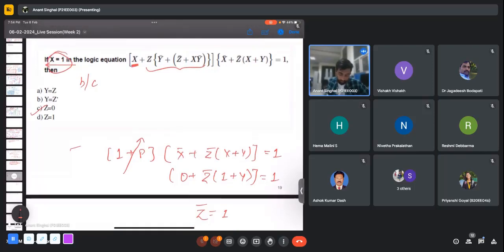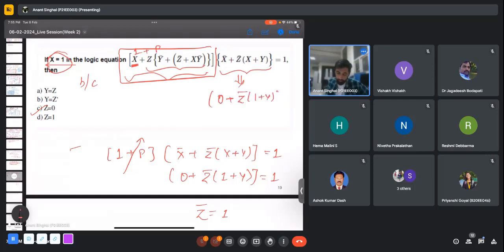So if I write 1 here, 1 plus anything will be 1 only, so I've neglected this term. I'm only getting this term now, which will be 0 since it is x complement, times z plus 1 plus y, and 1 plus anything I am again neglecting, which will give me z complement as 1. Any doubts here? Those who have given the answer as A and B?